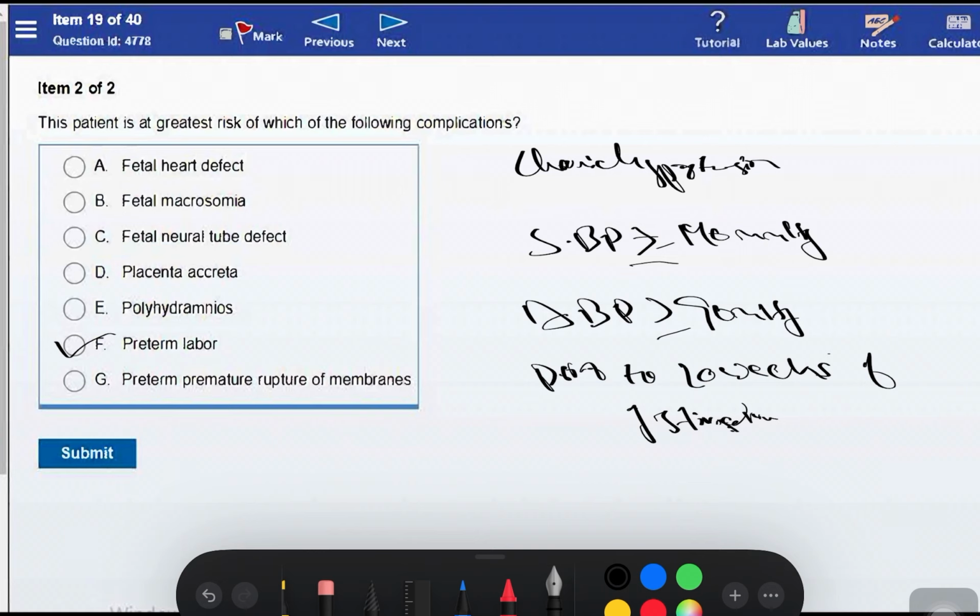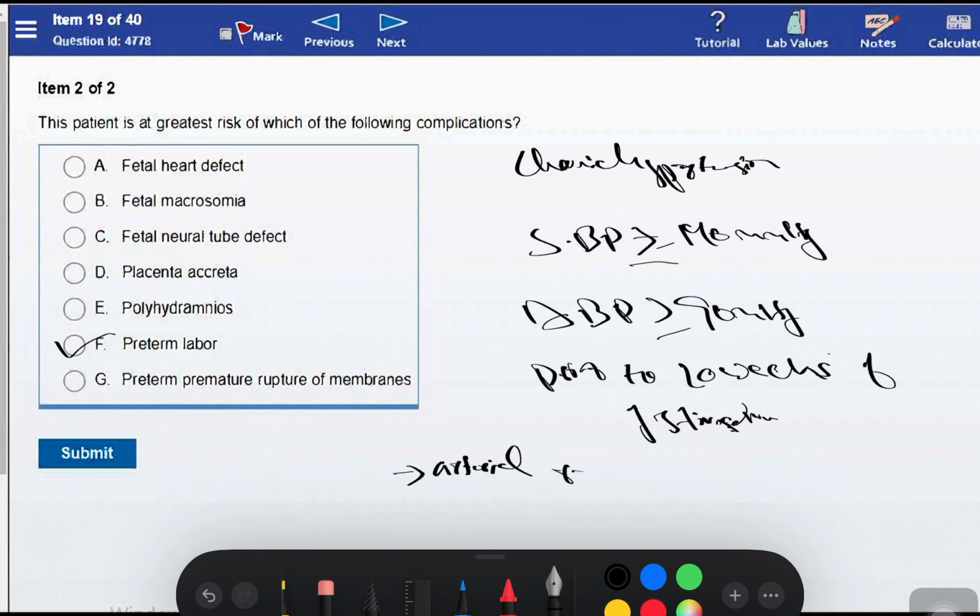Why is choice F the correct option? Because hypertension is associated with both fetal and maternal morbidity. The risk for preterm labor and other complications may be linked to increased systemic vascular resistance and arterial stiffness, leading to placental dysfunction. So why preterm labor?